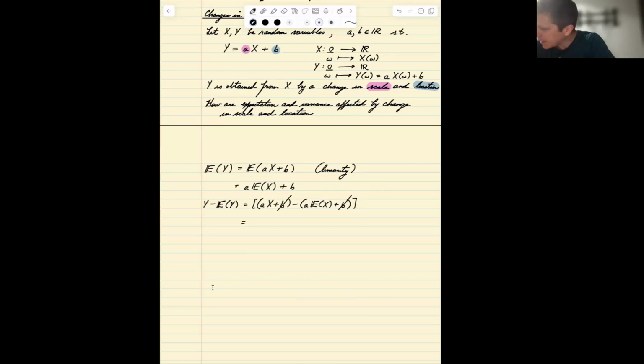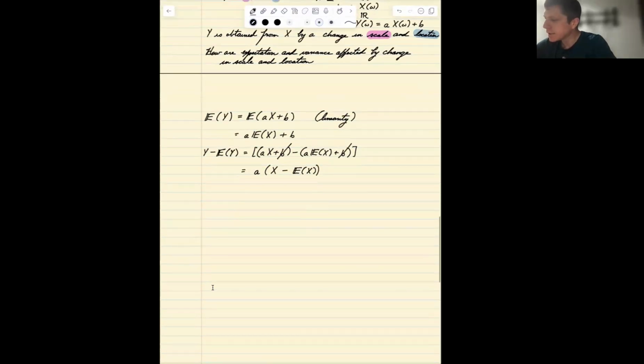We see that the a can come outside, so what we end up with is a times X minus the expectation of X. And so then what does that tell us about the squared deviation, the squared error, Y minus its expectation, squared? It's just the square of this piece, which is a squared times X minus the expectation of X, squared.